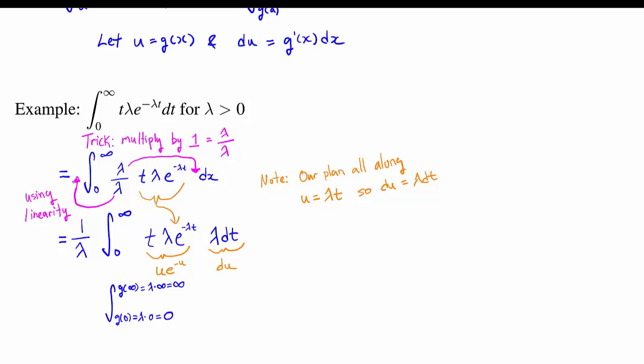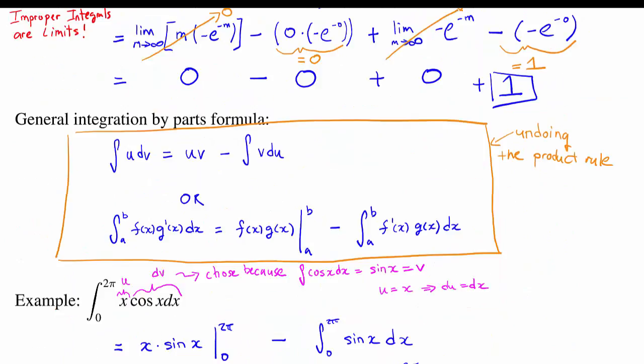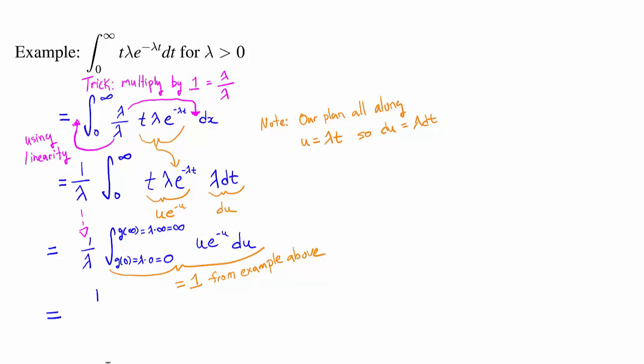And now the integrand is u times e to the minus u, and that's what we integrate. Now, don't forget about the 1 over lambda we had to factor out to make the substitution work out. And finally, we know by the example prior to the previous one that this integral is 1. And so we're left with just the 1 over lambda.